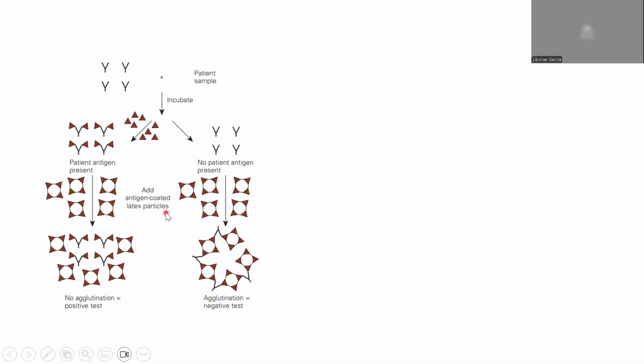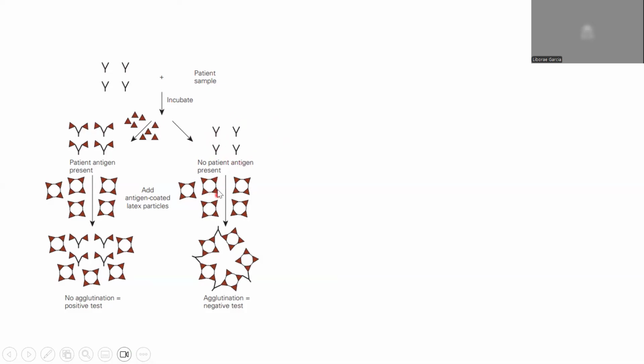So since the result is positive, the antigen has already attached to your antibody, there is nothing to agglutinate with the latex-coated particle. So therefore, it has the same epitope as your unknown. Okay? So they are looking for the same thing. That's why they compete.